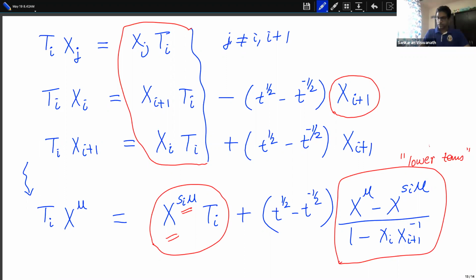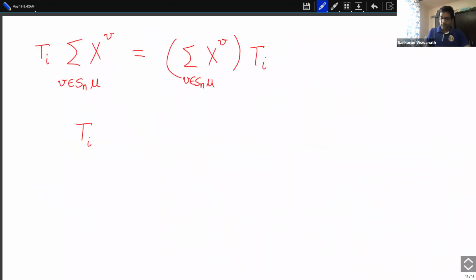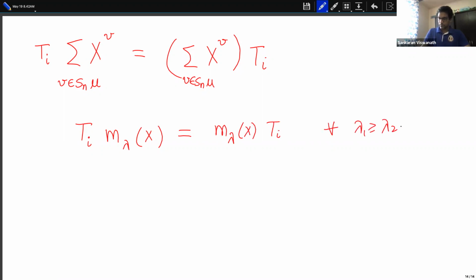So in other words, T_i times what we will maybe call the monomial symmetric function m_mu in the exercise, and if mu is dominant, maybe I'll call it lambda here, m_lambda. Okay, so this is the other thing to keep in mind.